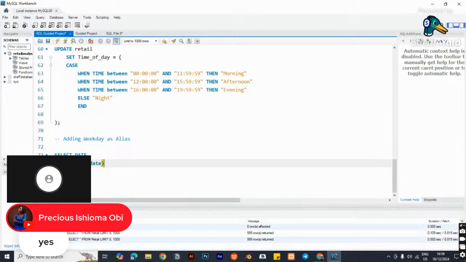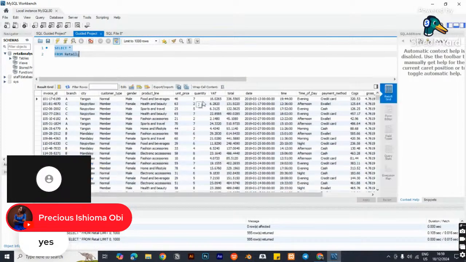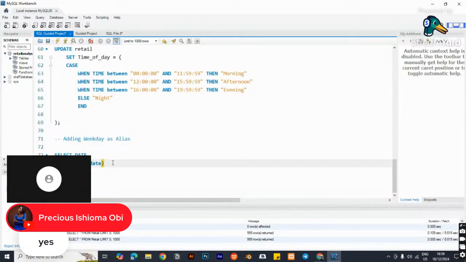So what we're trying to do here: we don't have the day name from this date column, so we're trying to generate a new column for the day of the week. This is where we stopped.